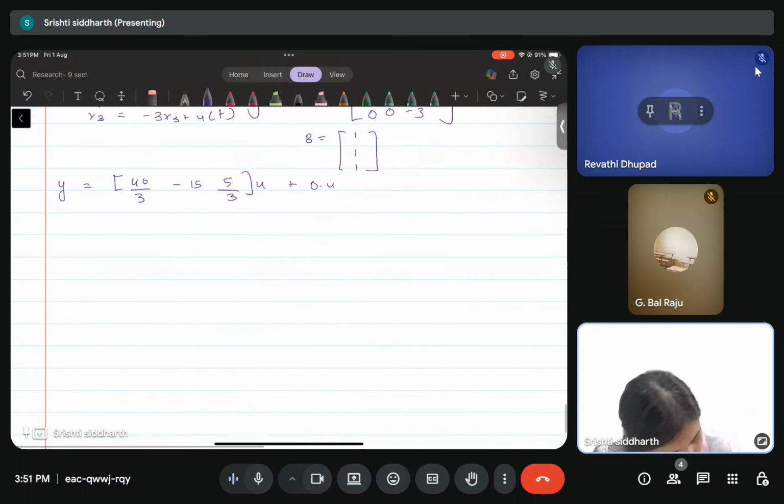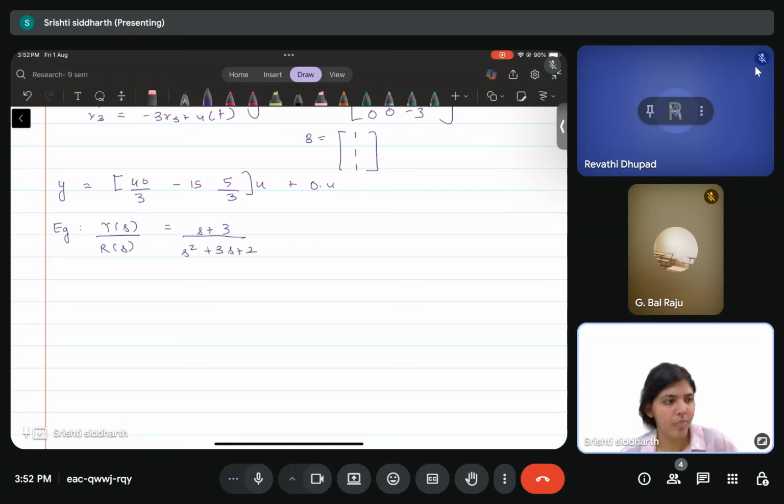Now let's look at another example. Alright. So the transfer function is Y(s) over R(s) equals s plus 3 over s square plus 3s plus 2. So we have to obtain the diagonal canonical form.